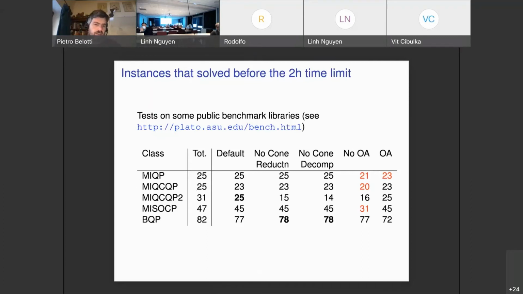If we take the same set of instances we looked at the beginning, I can show you a summary of a benchmark comparison where we take all these classes of problems, of which we have the cardinality here in the second column, and then I can tell you the instances that were solved before the 2-hour time limit, and these are given here, through the default behavior.